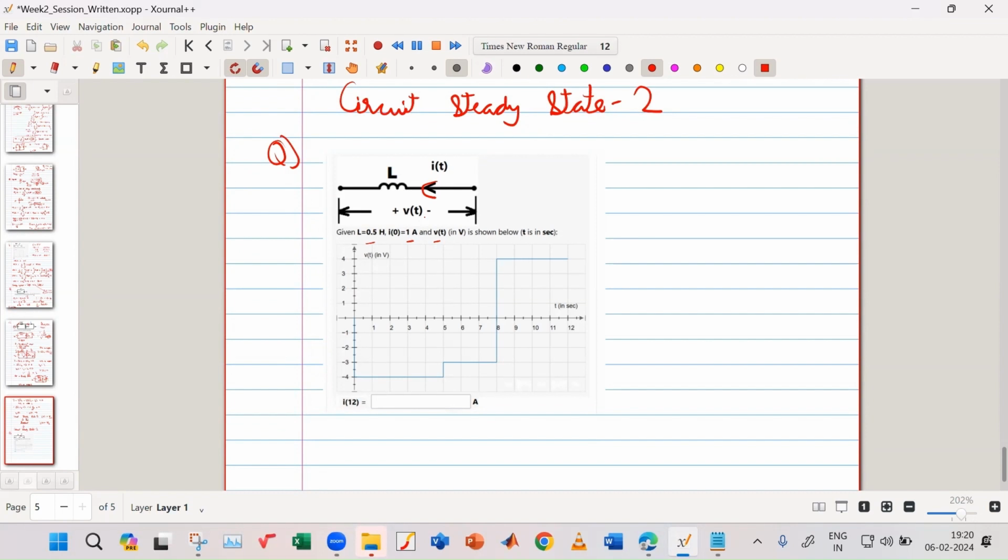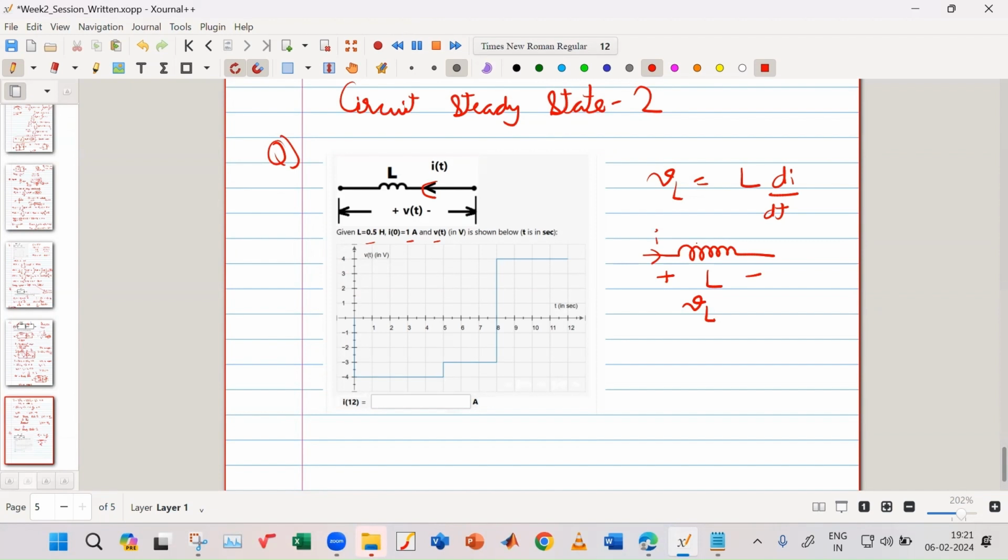Now, we know VL, the voltage across the inductor, is L into di by dt. For an inductor, suppose this is my inductor, this is my plus minus VL, and this is my current direction.